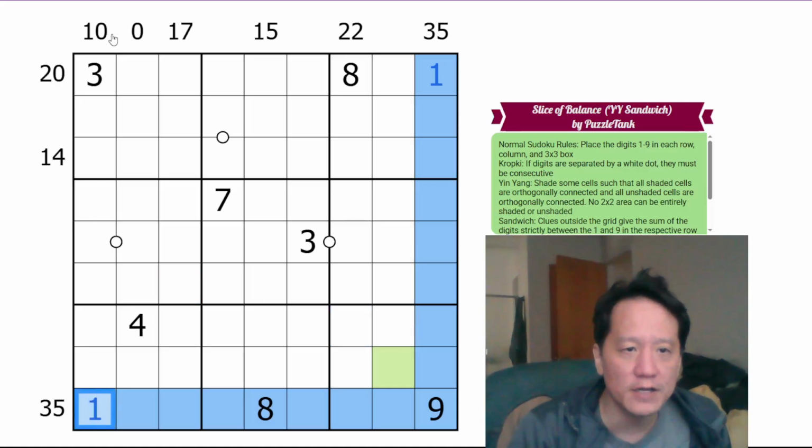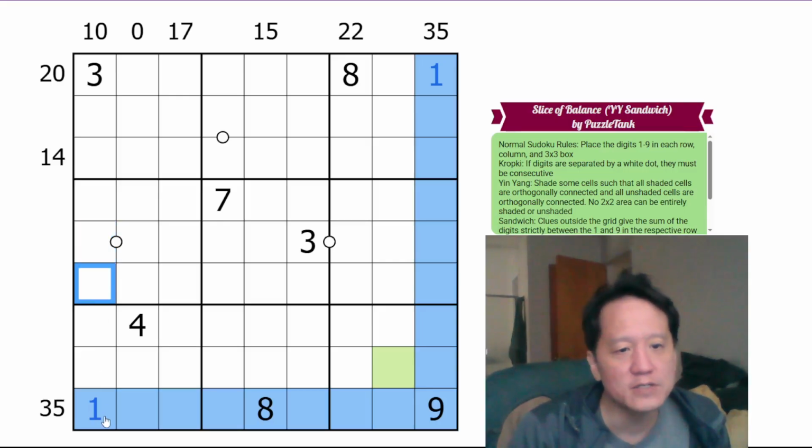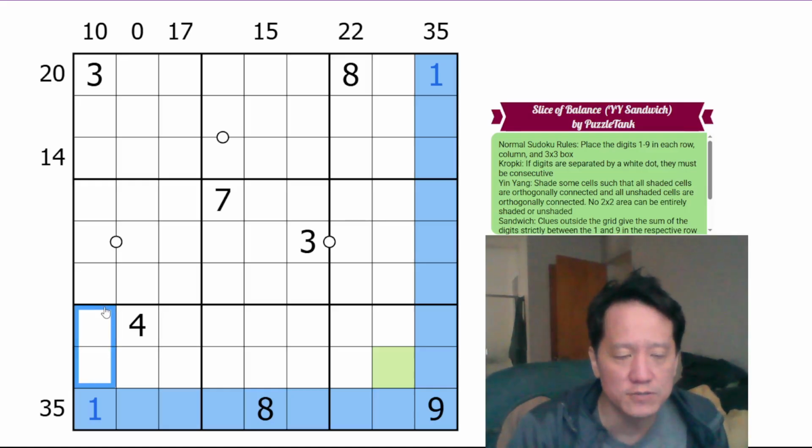Between the 1 here in column 1 and the 9 in the row, where can it be? To add up to 10, we know the shading has to be at least 2 digits, right?